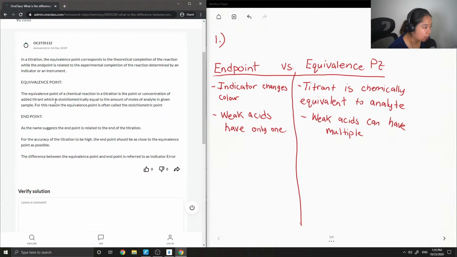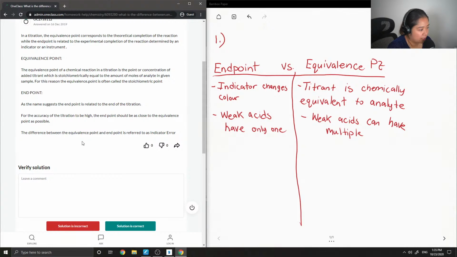For this reason, the equivalence point is often called the stoichiometric point. Endpoint, as the name suggests, is related to the end of the titration. For the accuracy of the titration to be high, the endpoint should be as close to the equivalence point as possible. The difference between the equivalence point and endpoint is referred to as indicator error. That was a great answer, so this solution is correct.